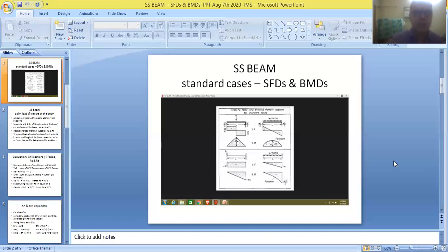So the total diagram has to be prepared above the baseline. So friends, this is the way of preparing equations, making calculations, and ultimately this way we are in a position to construct shear force and bending moment diagrams.